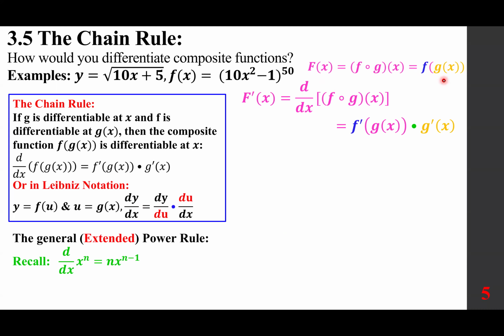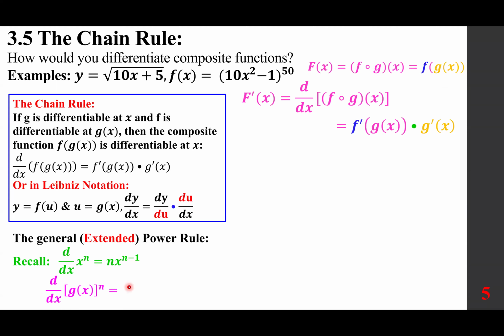As an example, what is the extended or the general power rule? First, I want to remind you the power rule indicates the derivative of x to the power of n is n times x to the power of n minus 1. What if we have g of x instead of x raised to the power of n? What is the derivative of that? This is using the chain rule. So we follow the same format.